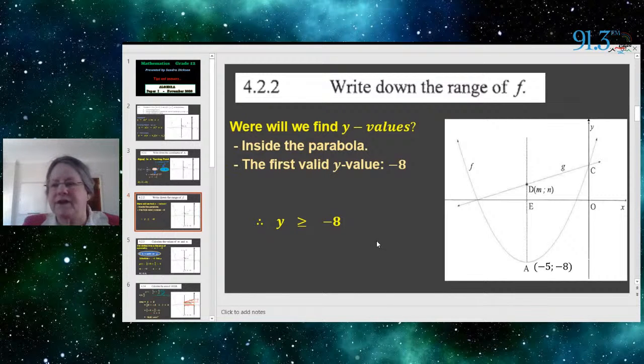As a matter of interest, what would the domain be? So if we again do it visually, x values would be, we would be looking for values on the x-axis. And if we do an imaginary line from the graph to the x-axis, can you see we hit the x-axis? On this side, from the graph to the x-axis, we can do imaginary lines all the way up to there.